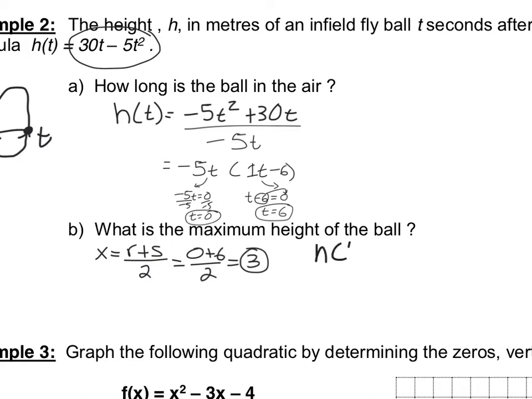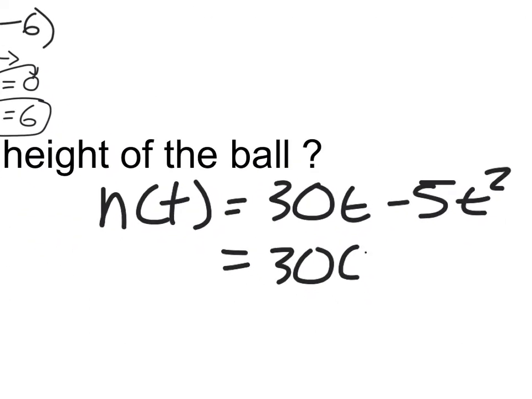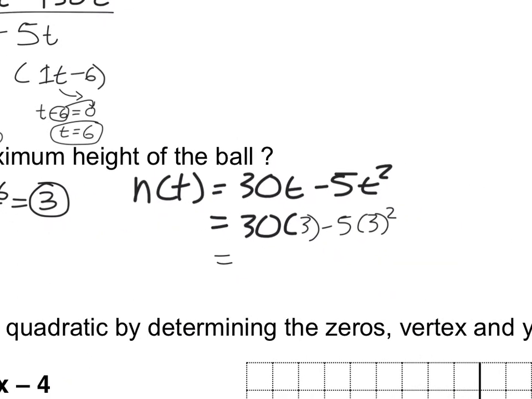So my time, 30t minus 5t squared. And we'll replace t with 3 seconds. Type that into our calculator to solve, and we'll end up with 45.